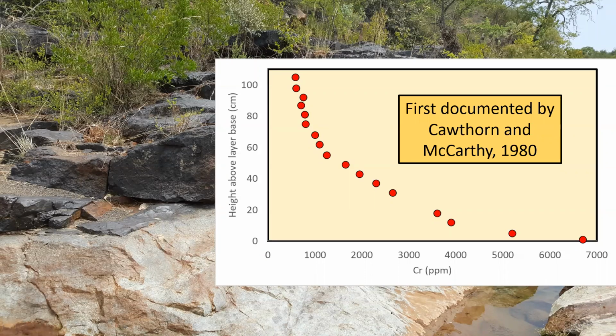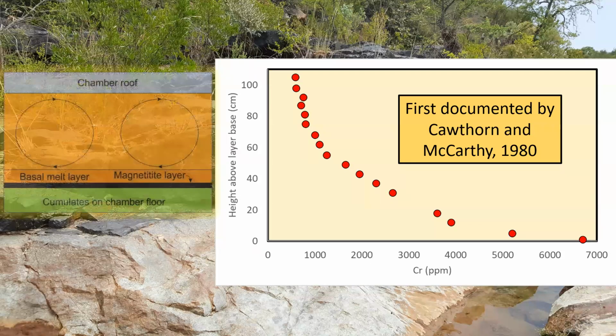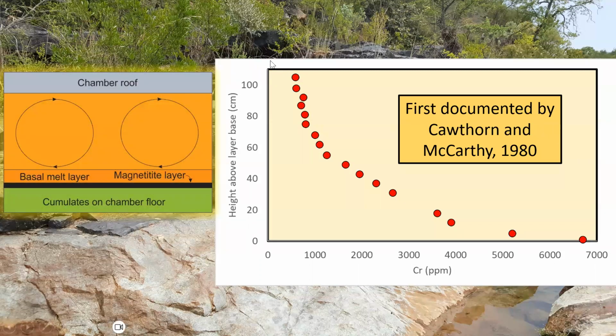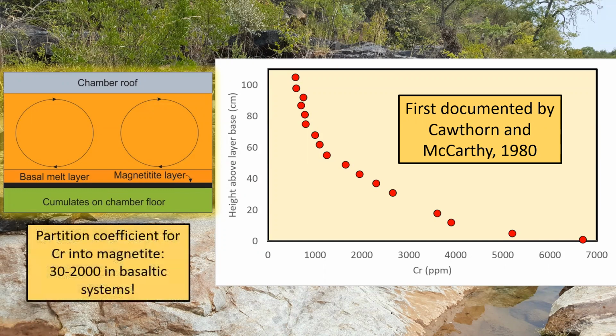To explain this, they attributed it to various factors. First, they stated that this is probably a product of fractional crystallization of the magnetitite from a stagnant basal layer of melt. So you have this relatively limited quantity of melt that can quickly be depleted in chromium content, and also due to the extremely high partition coefficient of chromium in magnetite.